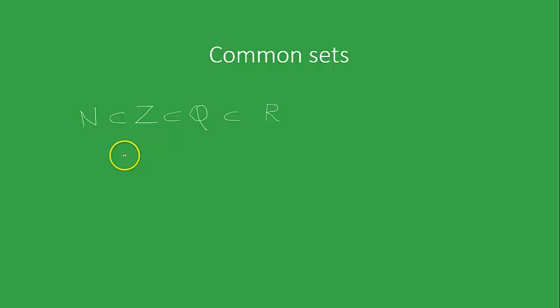There is another set T, which is used to denote all the real numbers which are not rational numbers. That is, T represents all the irrational numbers. Here T is a set of real numbers.